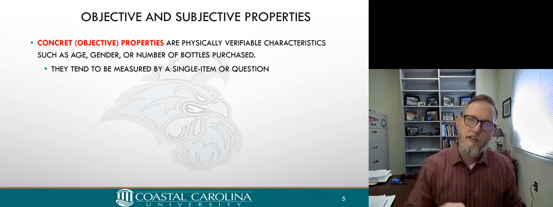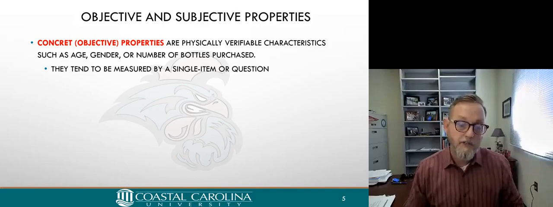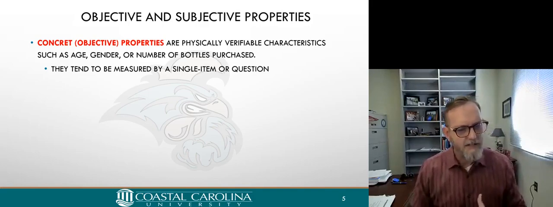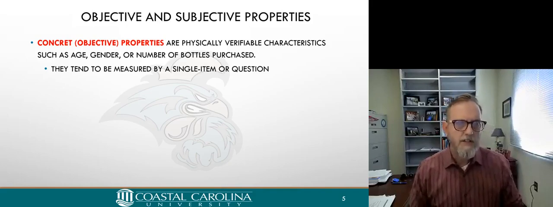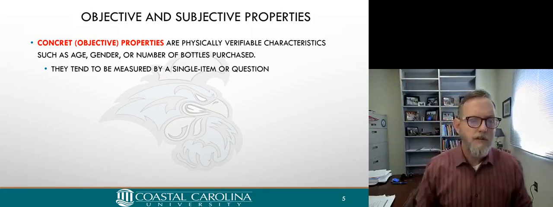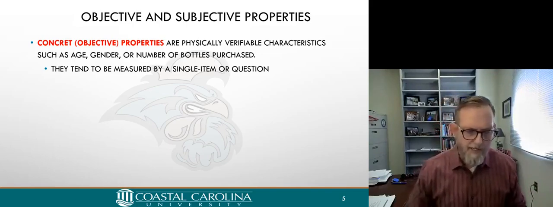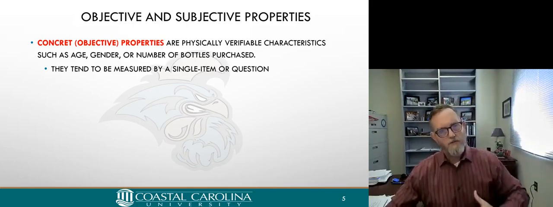We tend to ask these with single items on a survey, and they tend to be fairly easy for respondents to answer. They tend to be verifiable from a fact-based perspective.